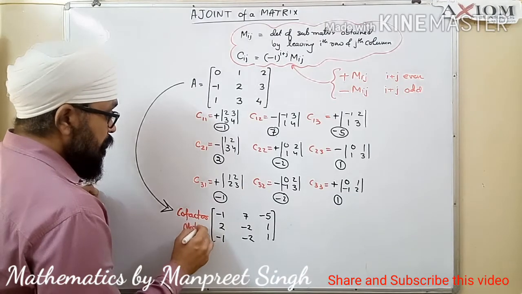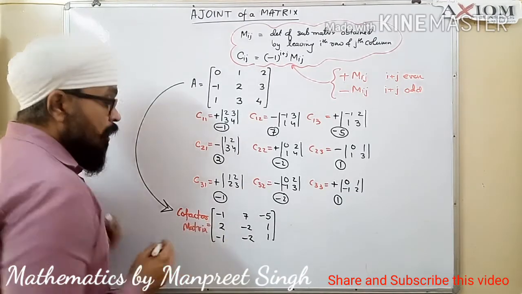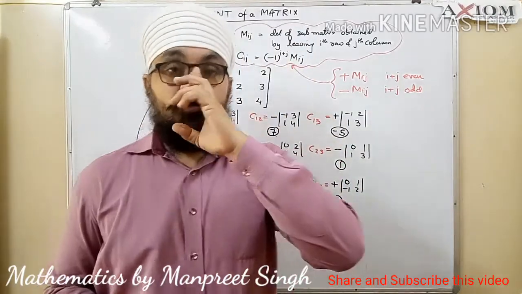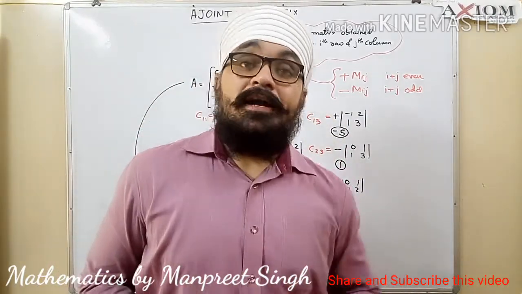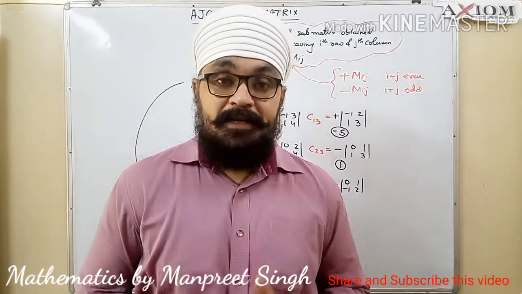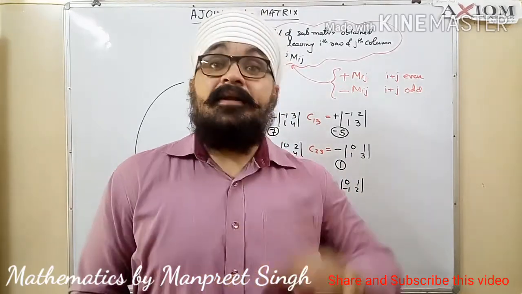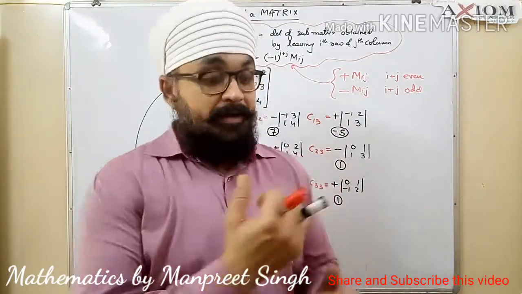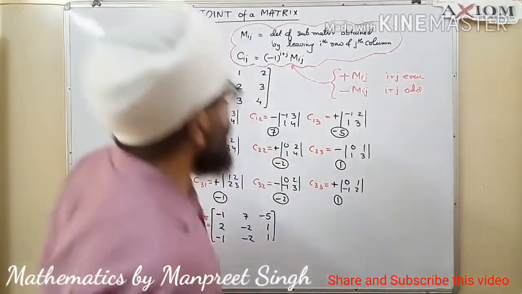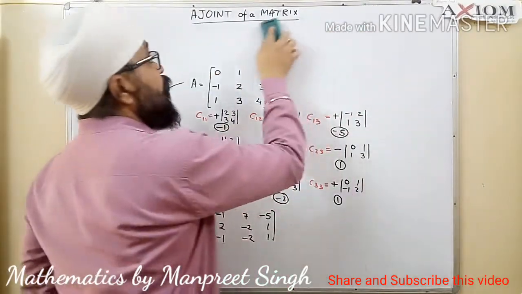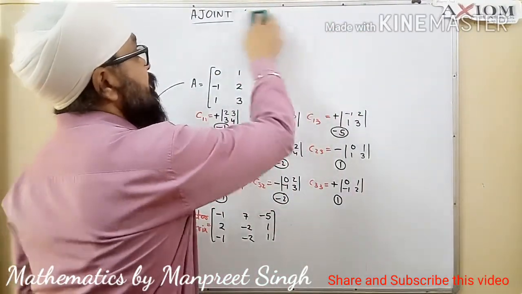Cofactor matrix. Now after getting that cofactor matrix, it is the time to go for adjoint. So let us first understand what adjoint is. Adjoint of a matrix is transpose of the cofactor matrix. So now I am rubbing this one and let us write the definition of adjoint of a matrix.